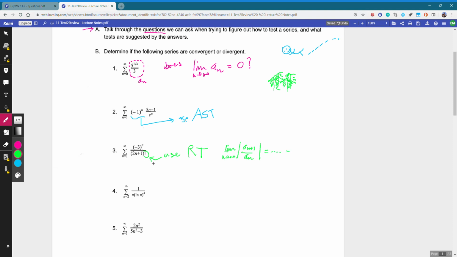All right, we'll do a bunch of work, compute that, and whatever that is, that's our L. The idea is that if this L is less than 1, then our series converges. If it's greater than 1, our series diverges. If it equals 1, then we don't know. That's the basic idea there.